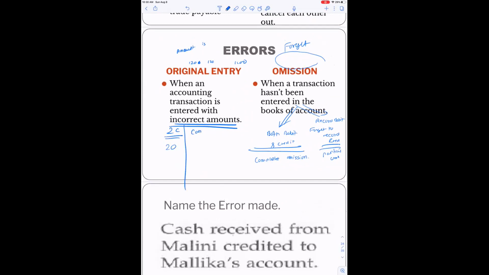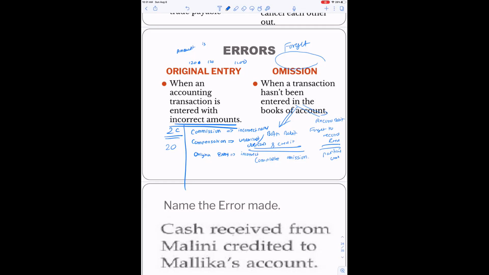Commission. Error of commission. Incorrect name. Error of compensation. What will be there in error of compensation? Undercast, overcast. 2 O's. Error of original entry. Incorrect amount. Everything right.